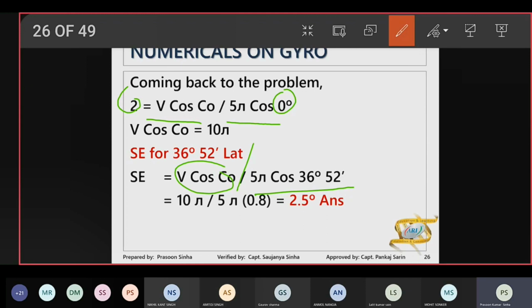It might look very complicated, what are they doing, how are they doing it, what to do. But if you have the concept, if you know the formula and the concept behind the formula, then it becomes easy.